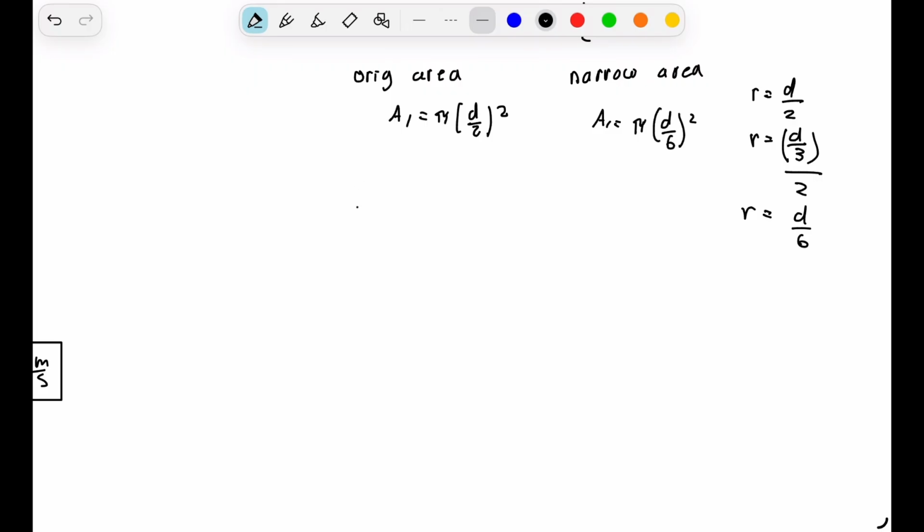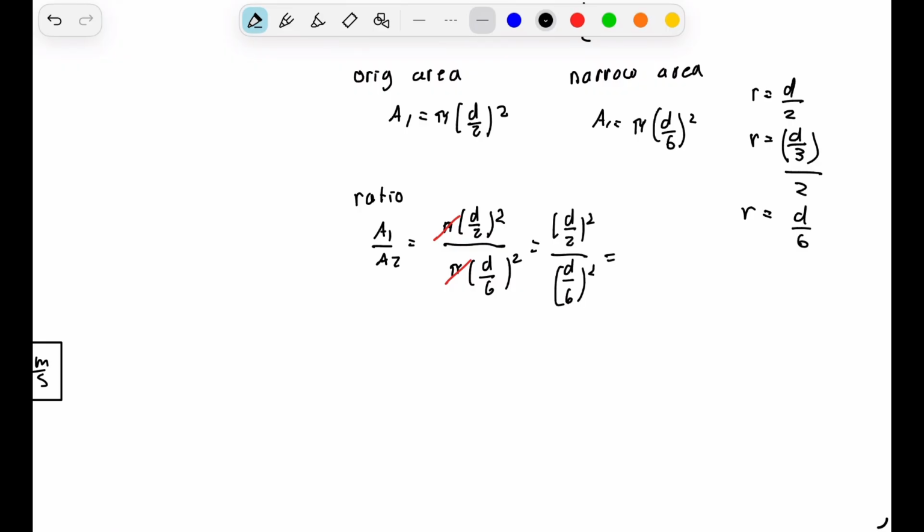Now we can compare the areas with the ratio. So A1 over A2 is equal to pi (d over 2) squared divided by pi (d over 6) squared. And we can cancel out that pi. So we have (d over 2) squared divided by (d over 6) squared. And that's going to be d squared over 4 if we use that square.